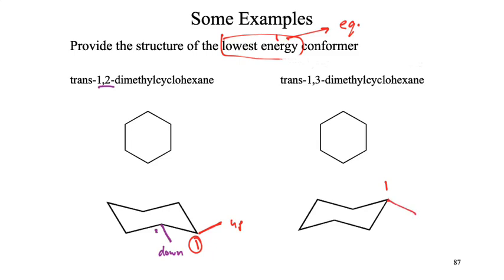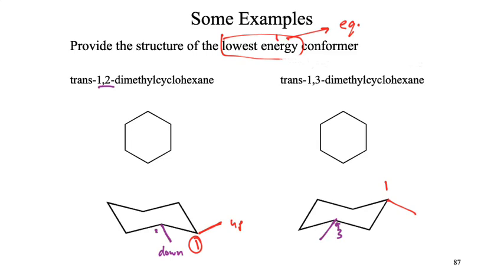Okay. 3 position ultimately doesn't matter, so I can go over to my 3 position, right? And I want to put in my other equatorial, right? Okay, equatorial down. And there we go. We would have, and I keep drawing that in the wrong position. There we go. There's my 3 position for 1, 3. So I've now got my trans 1,3 dimethyl cyclohexane, right?